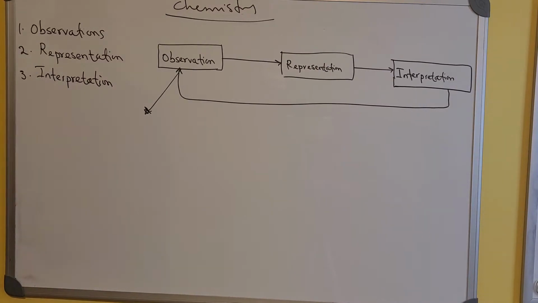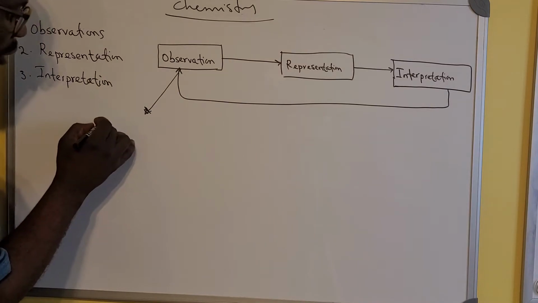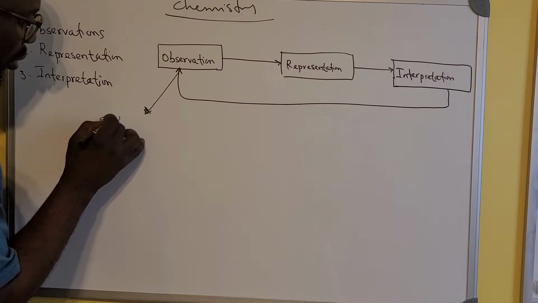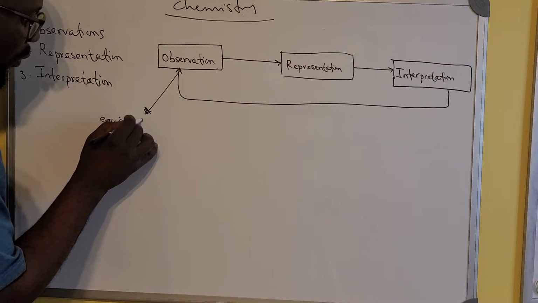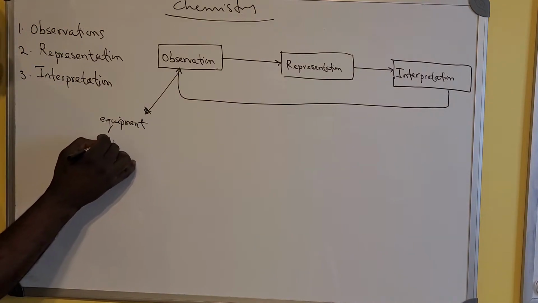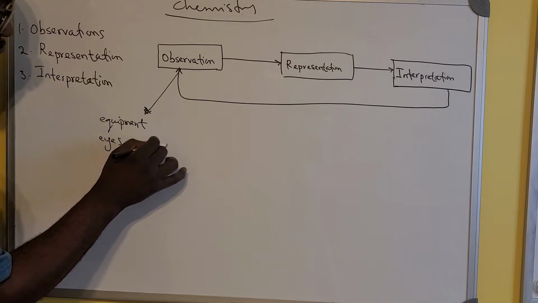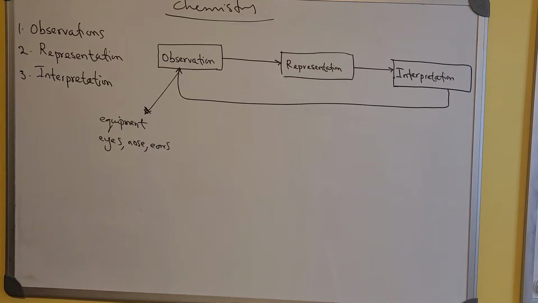So in this observation stage, you might or may not use equipment. Equipment may be involved, or you can use just your eyes, your nose, your ears. You can use any of these during the observation period, right?